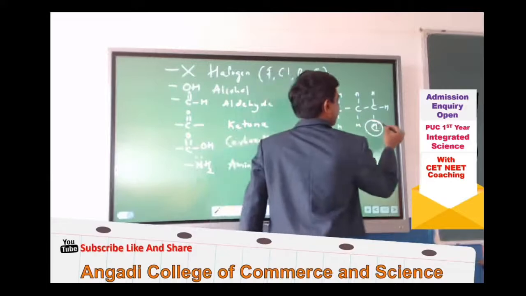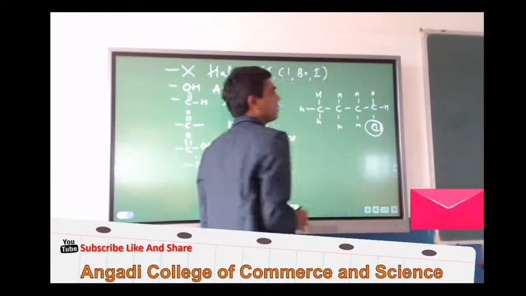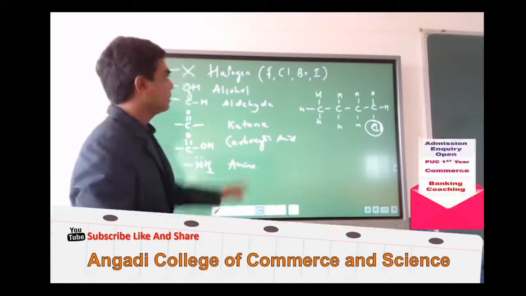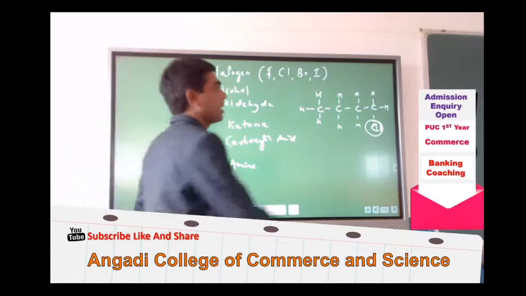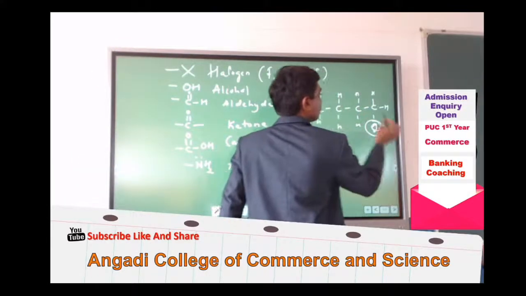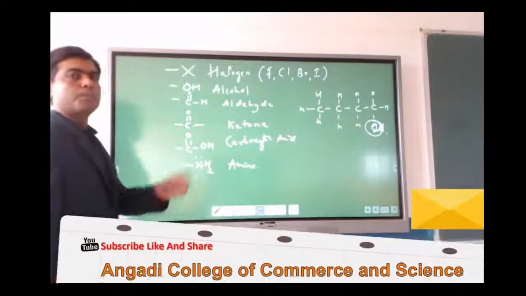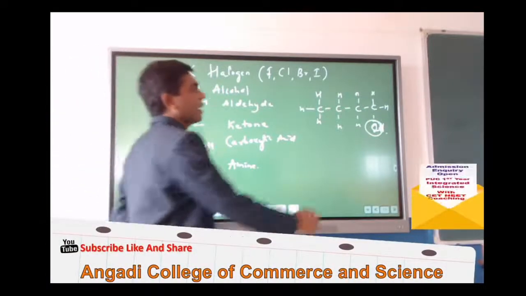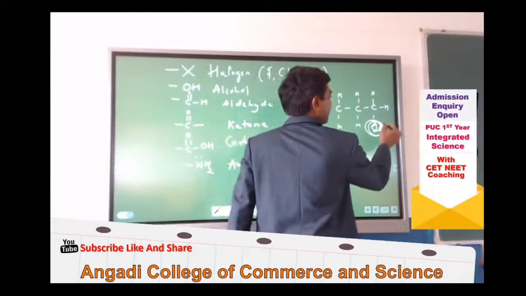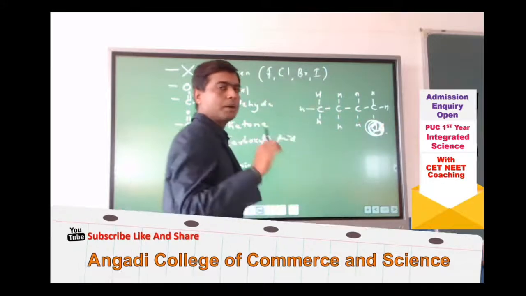For example, if I put Cl here, it is called chlorobutane. When you add the OH group, it is called butan-1-ol, and if you add the aldehyde group, it becomes butanal.